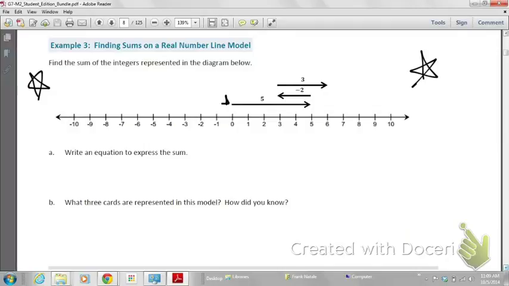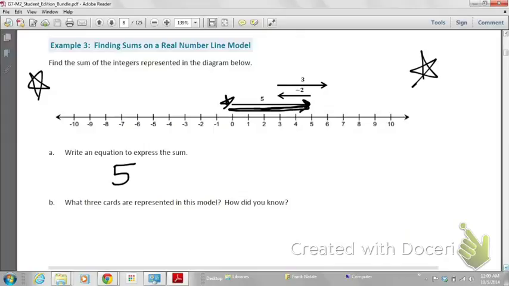This is always the arrow that comes first. So you're going to write an equation to express the sum. You can see right here we have a 5, because we've gone 5 from 0. Now from that point of 5, you see we've gone back -2.